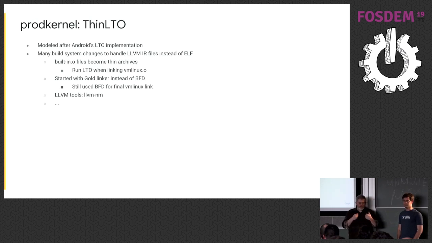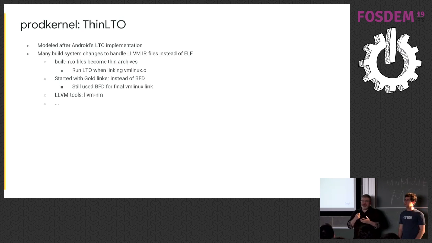So what I did is I got to the team about a year ago, and luckily the Android team had already done LTO on Linux, so I was able to use their patches and get our kernel to compile with LTO. Basically, it just took a bunch of changes in the build system.